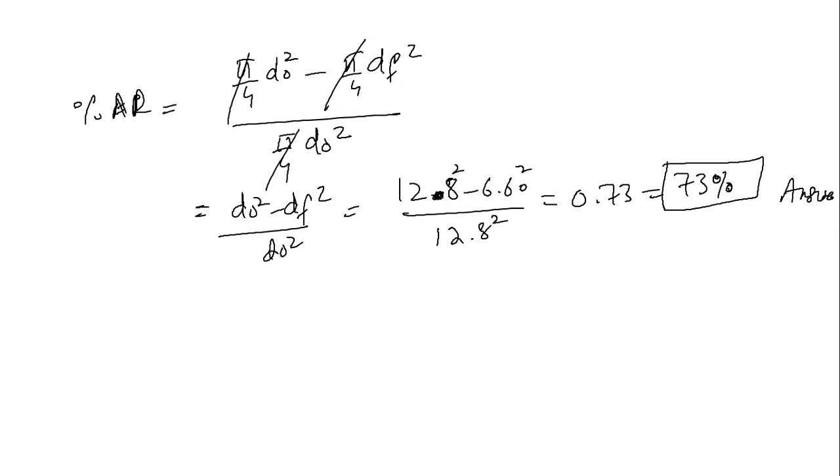So this is basically ductility, 73% ductile, right? And now the percentage increase in length, elongation. It is LF minus L naught, over L naught. What is LF?